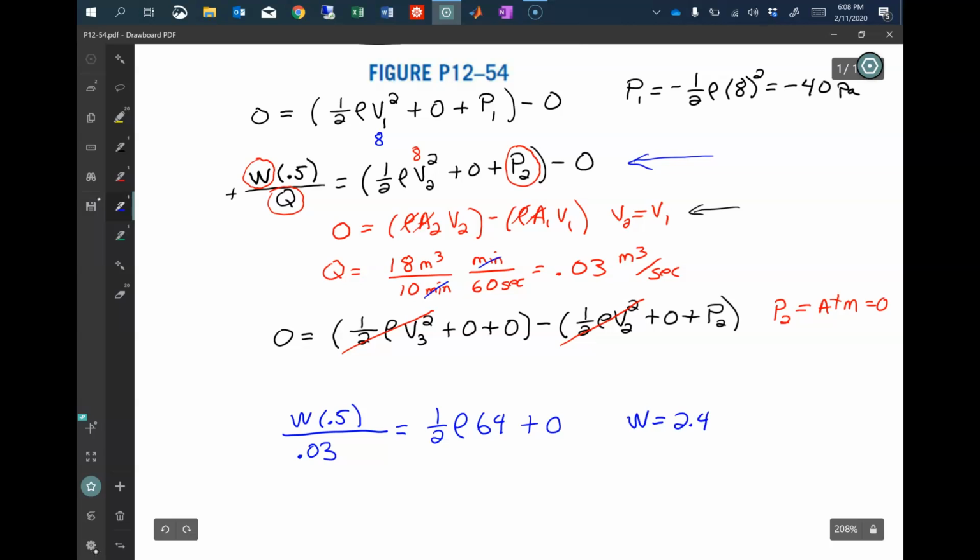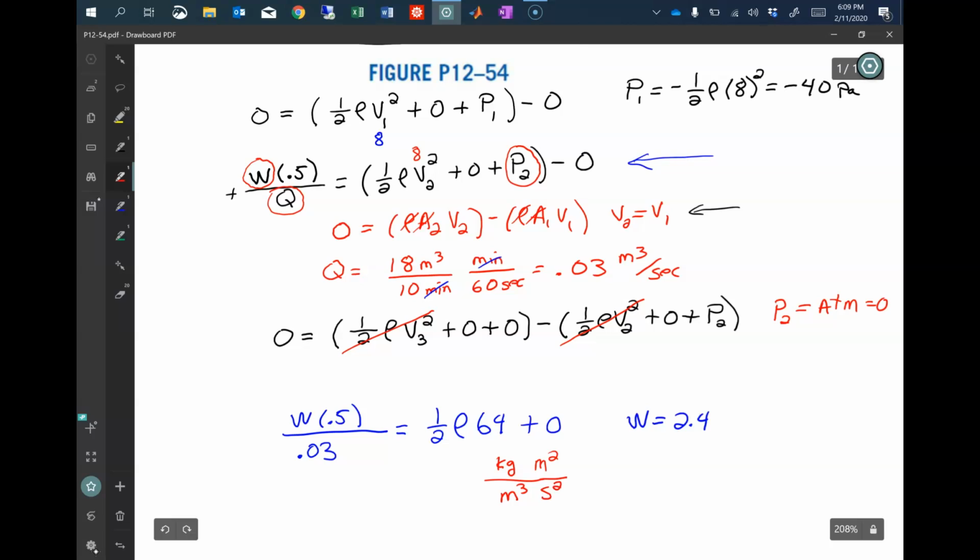If you want to look at the units, the units on density is kilograms per cubic meter. The 64 was velocity squared, so that would be meters squared per second squared.